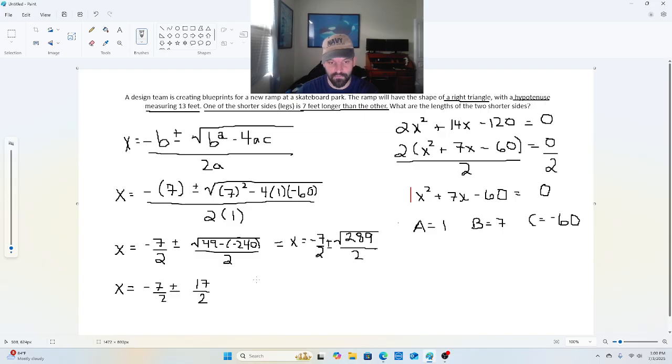We have that x is equal to negative 7 halves plus 17 over 2. And since we have a common denominator already established, negative 7 plus 17 is 10 over 5.